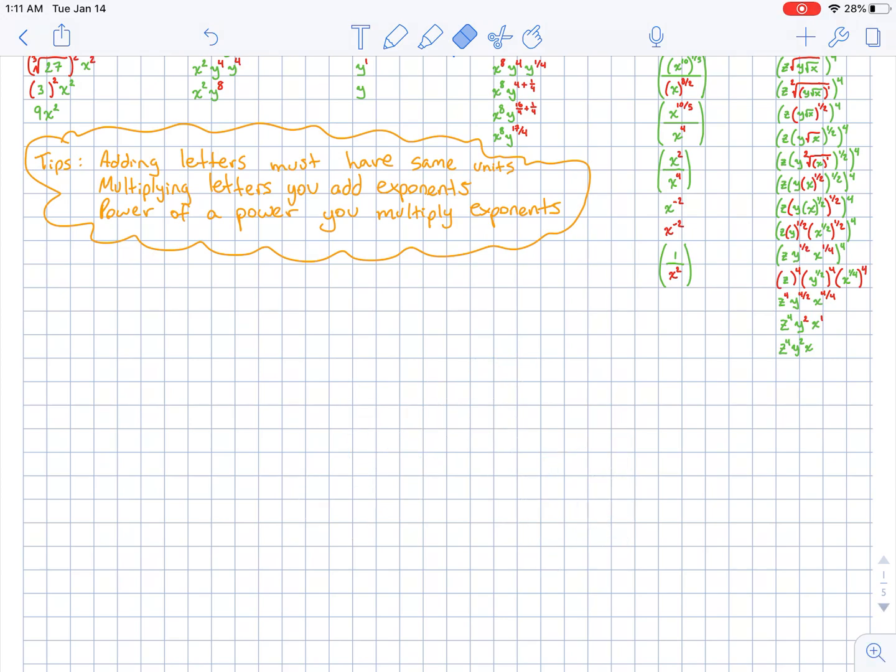Now to turn a radical into an exponent. Every time you see a radical, usually the first step is to change all radicals into exponents. A radical is the square root, so every time you see that symbol, the first thing you gotta do is change it to an exponent.